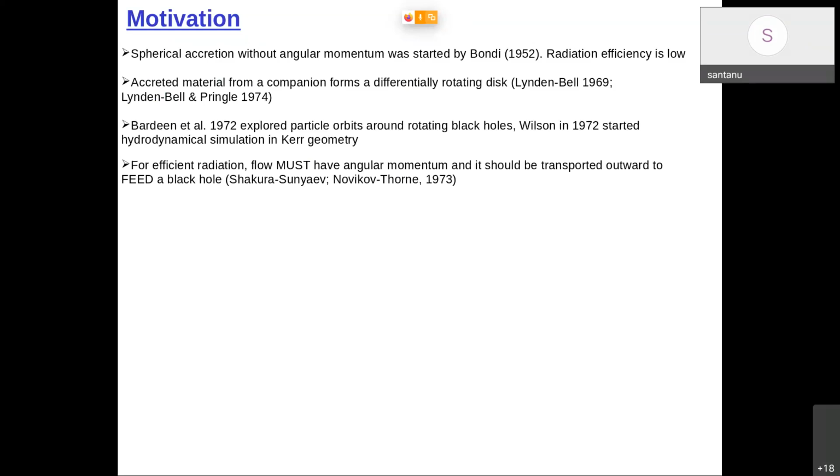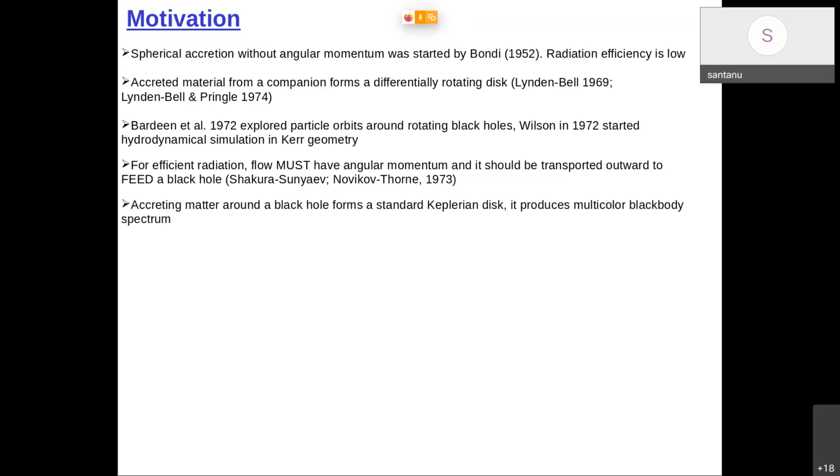But as we saw from Bondi's solution, we need something else. So what is that? In 1973, Shakura-Sunyaev and Novikov-Thorne proposed the classic model that matter should transport angular momentum to feed a black hole, and this mechanism can produce powerful emissions.